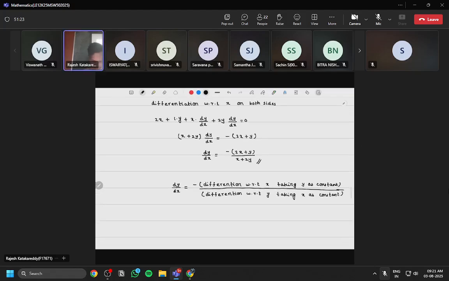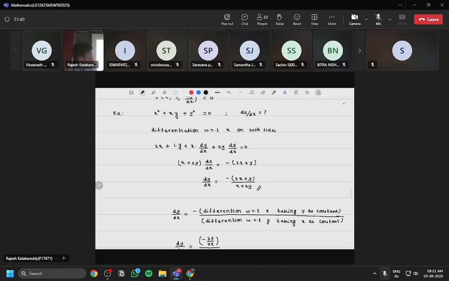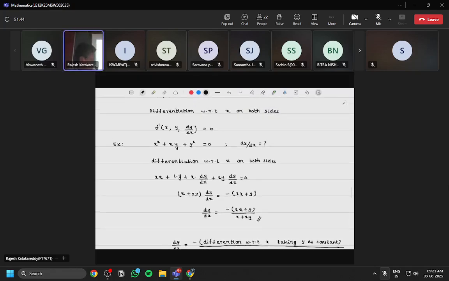Like this, I can also write with the help of partial differentiation: minus dou f by dou x divided by dou f by dou y. If you don't want to memorize it as a formula, you just differentiate with respect to x and get dy by dx. Do you understand this?